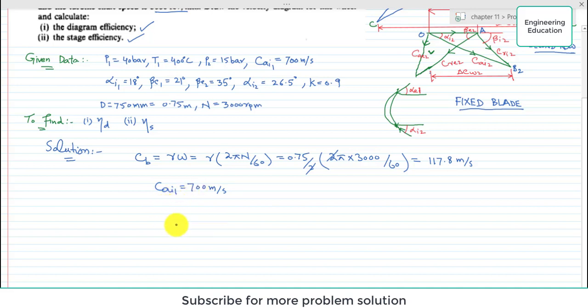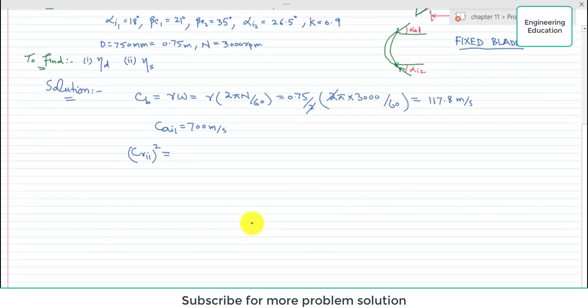For that, we can write from the first row triangle that CRI1 square is equal to CAI1 square plus CB square minus 2 CAI1 CB cos alpha I1.